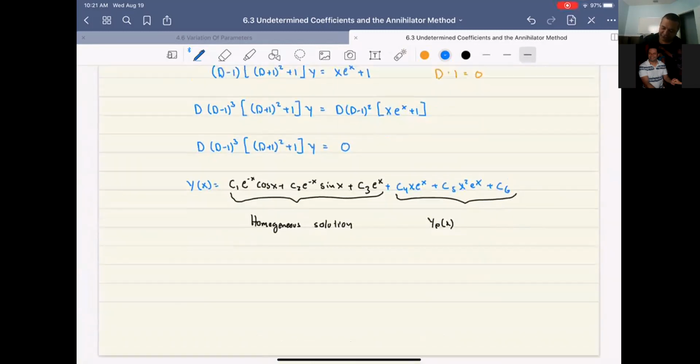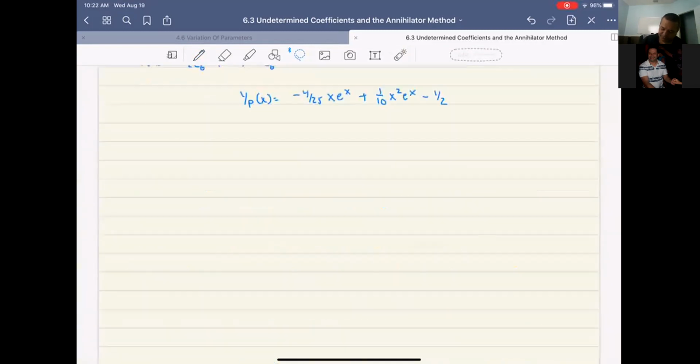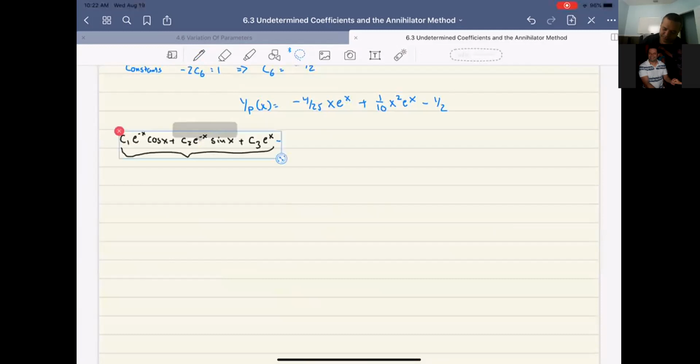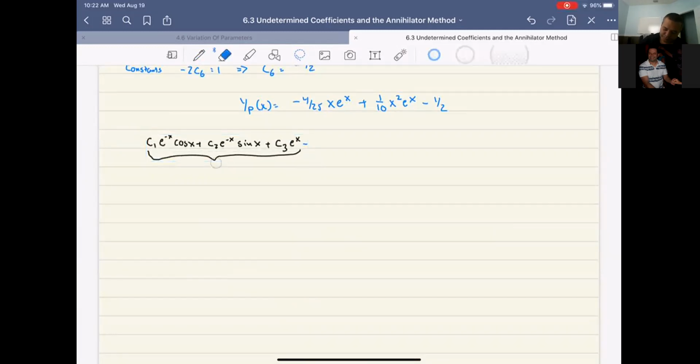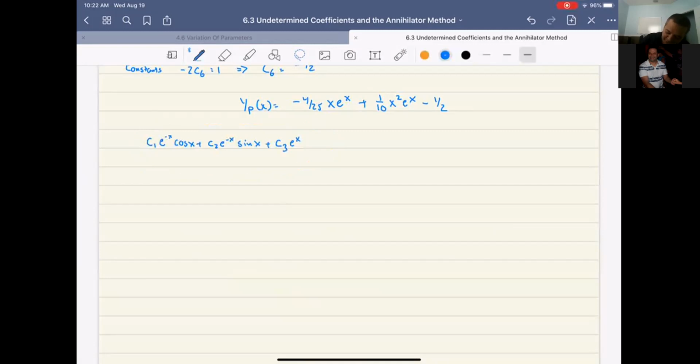Our general solution is going to have, again, the homogeneous part, plus, well, let's just bring this in, the particular part.